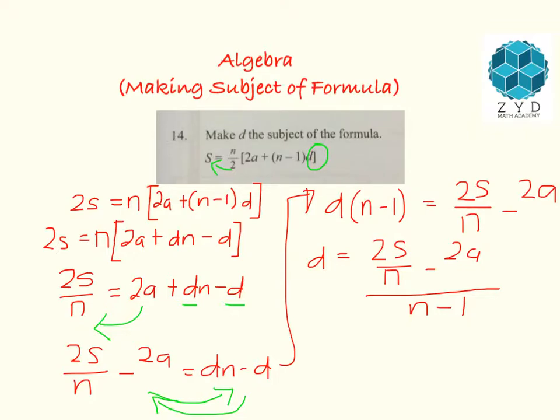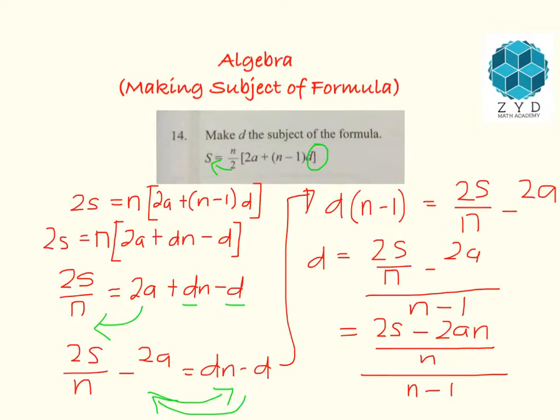But let's try to simplify this by simplifying the numerator, where I will get 2s minus 2an over n, over n minus 1.